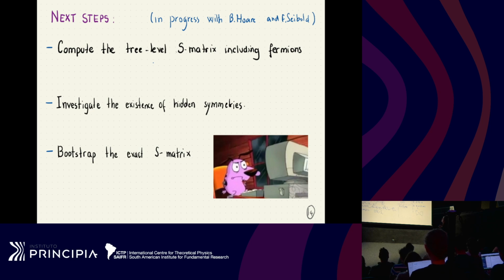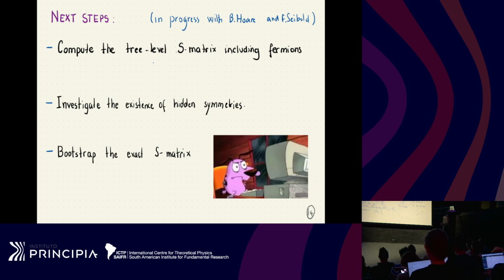Once we have the tree level, in the trigonometric case, you could look at which symmetries you had, and actually there was a hidden quantum group symmetry that you could use to bootstrap the full, exact S-matrix at all orders in the inverse of the string tension.